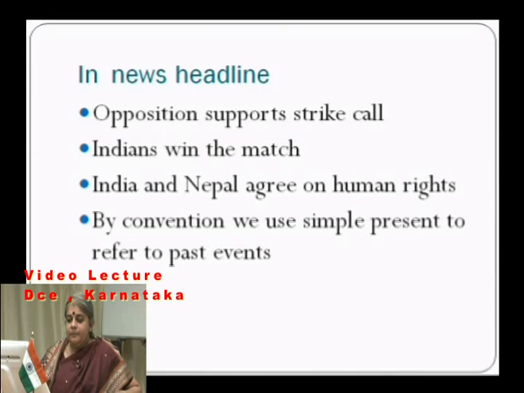Another example, look at the fourth bullet point. By convention, we use simple present tense to refer to past events. That is, in news headlines, headlines of newspapers, as well as in newscasts over the radio or the TV, we use simple present tense to refer to past events.